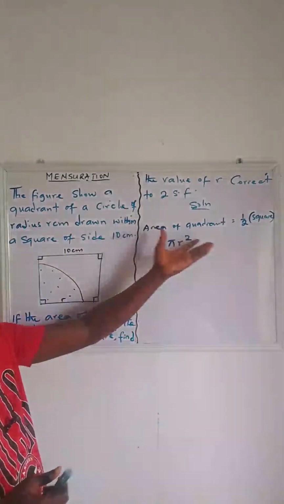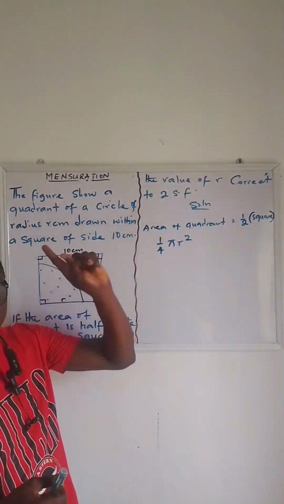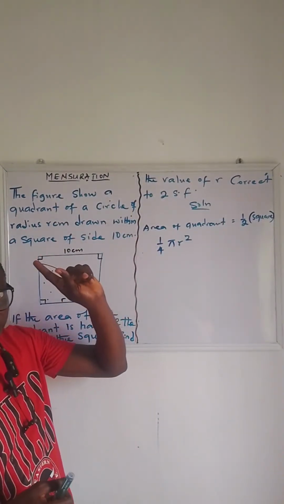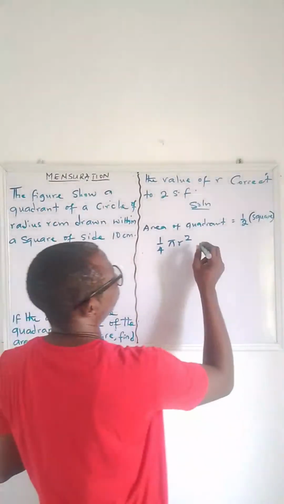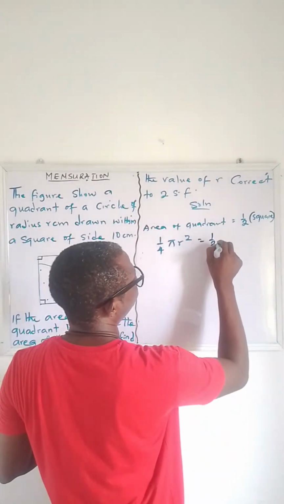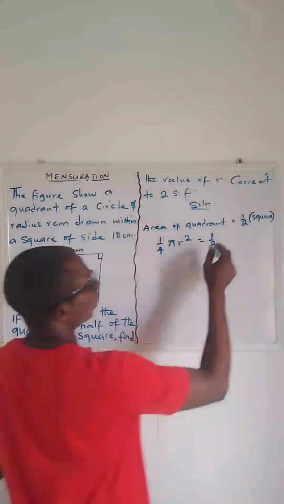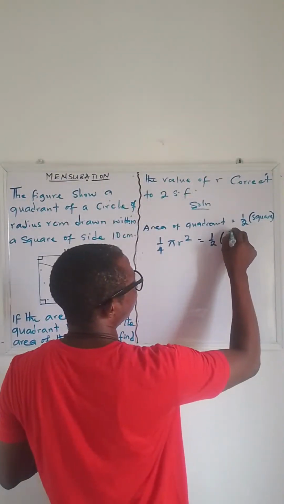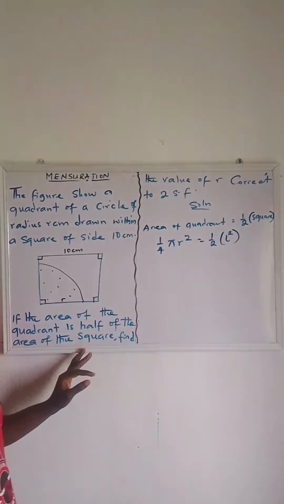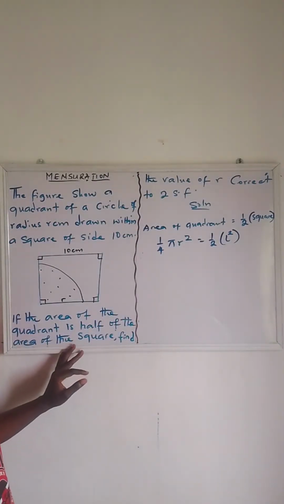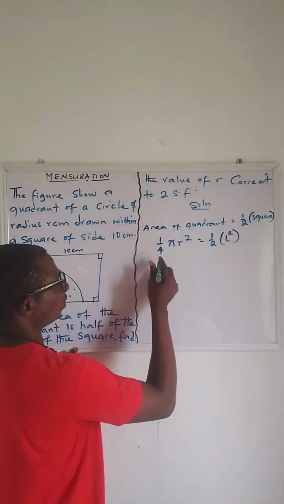That is the same thing as the area of a quadrant. Do you understand that? And that equals 1/2 of the area of a square. The area of a square is length times length, the sides are equal.